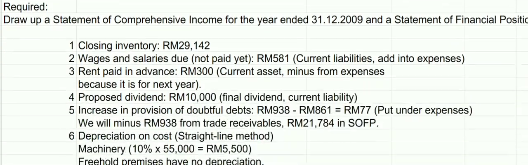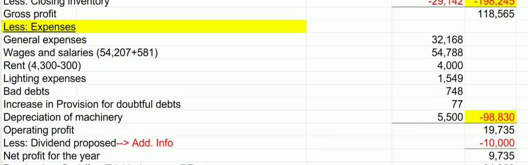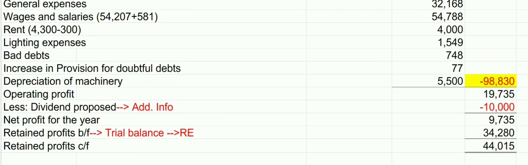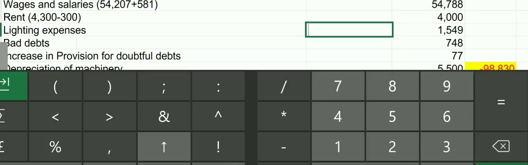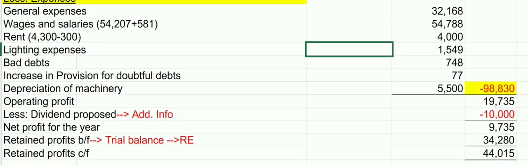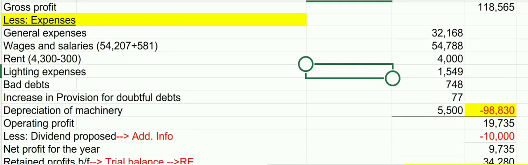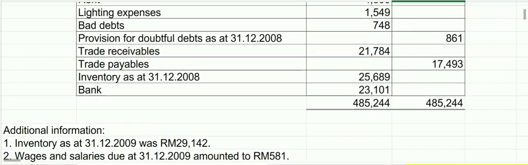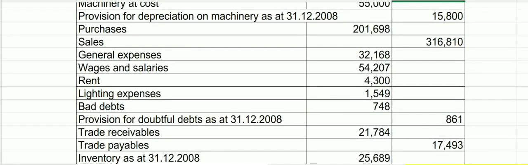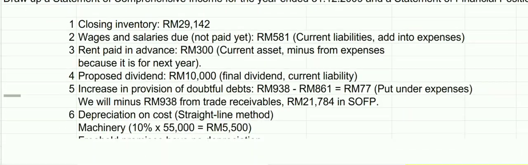For the depreciation this year we have calculated the depreciation for machinery. It is 5500. Therefore, you have to take this 5500 plus the total depreciation from last year, 15800.